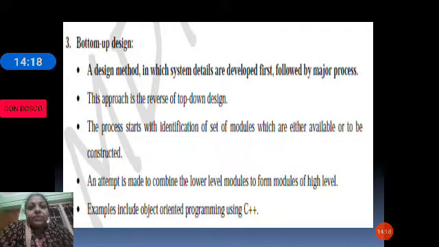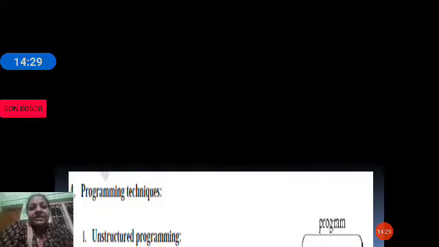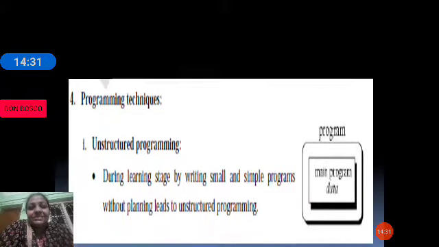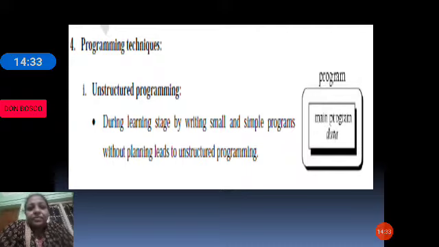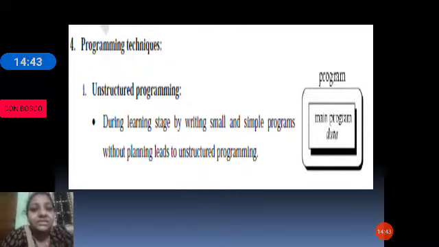So this is about the problem solving techniques. Let's move on to the programming techniques. First we have unstructured programming. A programming technique is nothing but the style or method or procedure used to write programs.